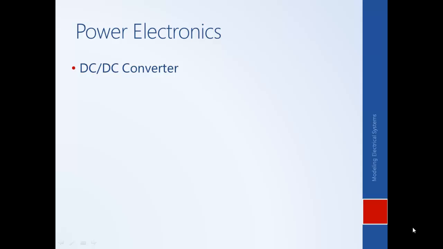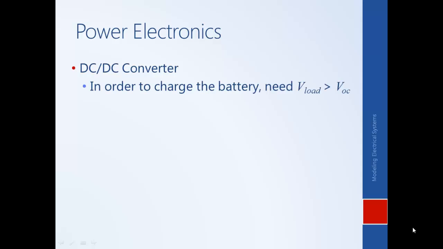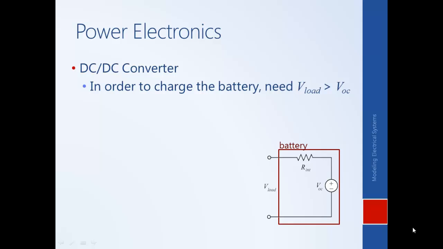One such example for where this is necessary is in charging a battery. In general, in order to charge a battery, the voltage being applied to the battery needs to be higher or larger than the open circuit voltage of the battery.